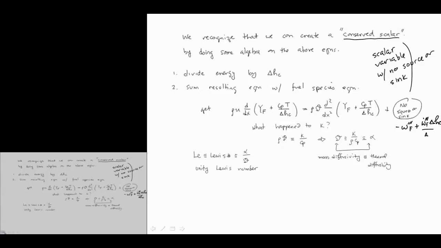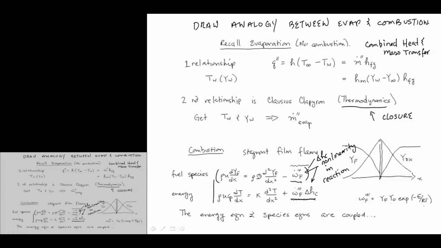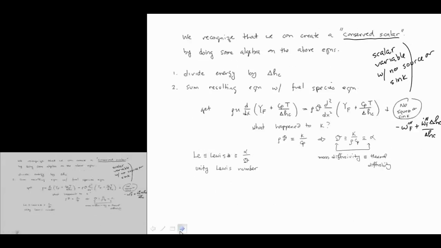Now, one thing you might say is, well, wait a second, I thought this had a thermal conductivity in it and this had a diffusivity in it. What happens there? Well, we are using the approximation here that this rho D is identically equal to K over Cp. Now, why would that be true? Well, D is the mass diffusivity.